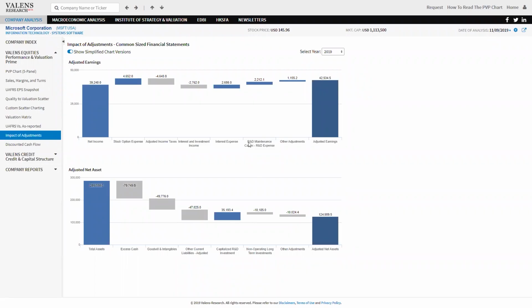A company like Microsoft develops product for 2, 3, 4 years before it goes to market. A pharmaceutical company is investing R&D in a product that they might see revenue on only 11 years from now. And yet we expense R&D, which makes no sense.